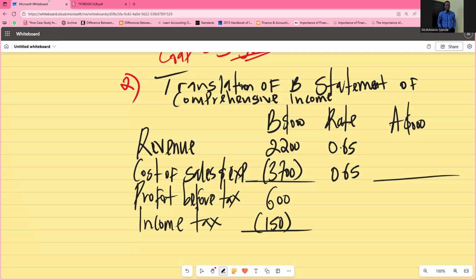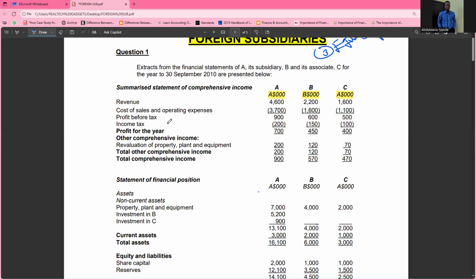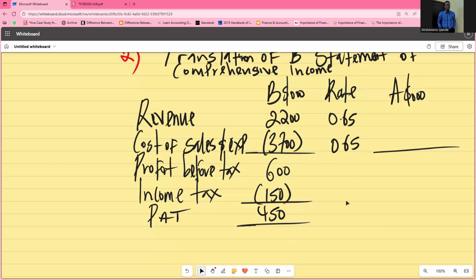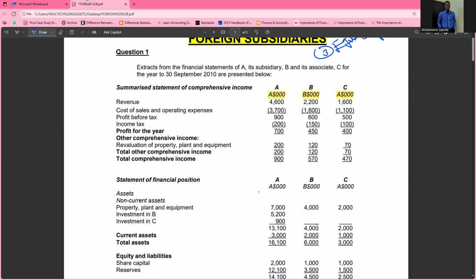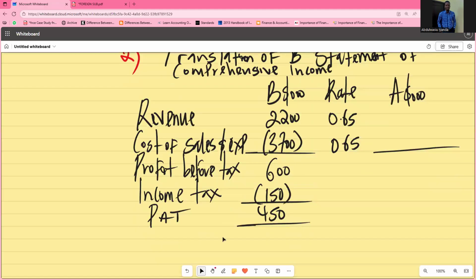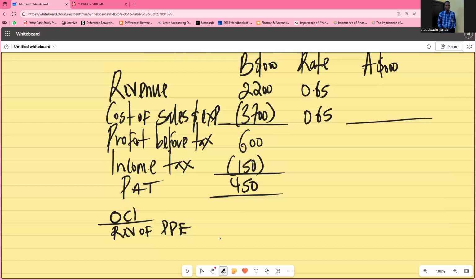So this is the profit after tax of 450. Is there OCI? There's also OCI of 120, which is on revaluation of PPE. That is 120.